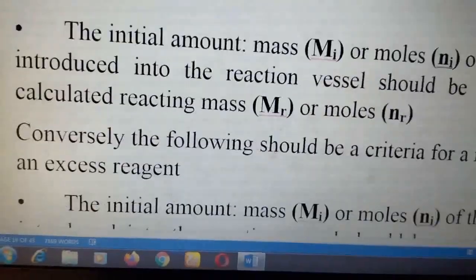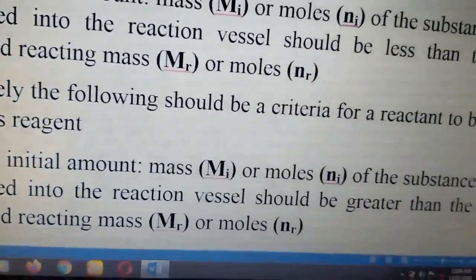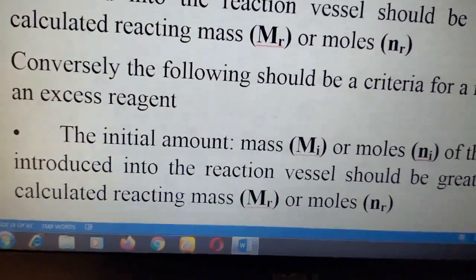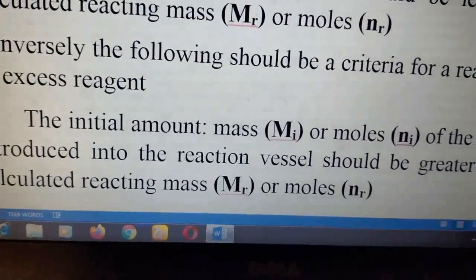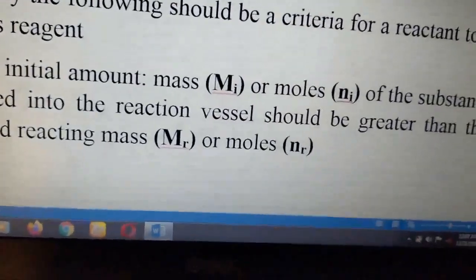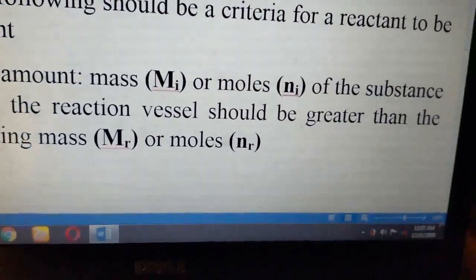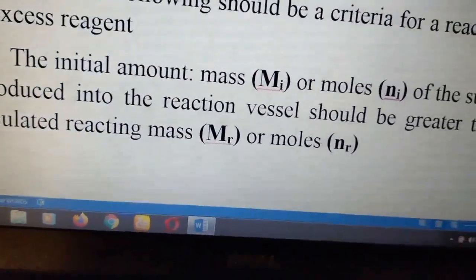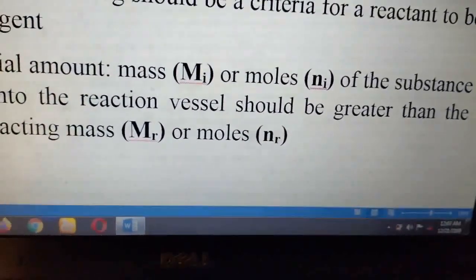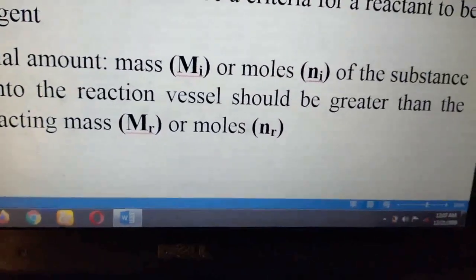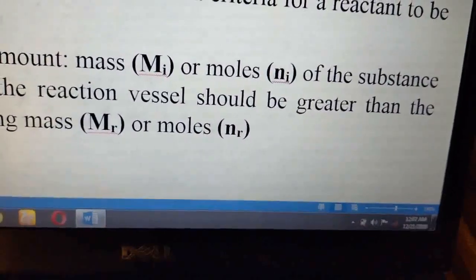So let's continue. Conversely, the following should be the criteria for a reactant to be an excess reagent. For a reactant to be in excess, it means the initial mass Mi or mole ni of the substance introduced into the reaction vessel should be greater than the calculated reacting mass Mr or mole nr.